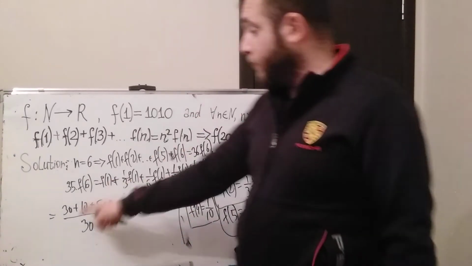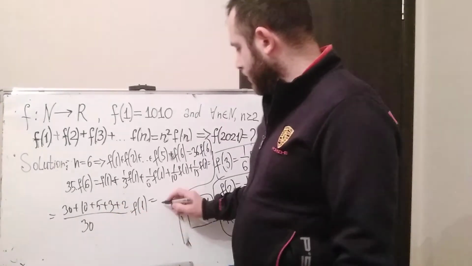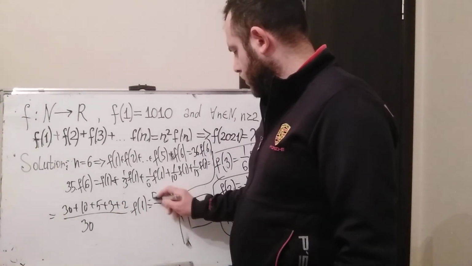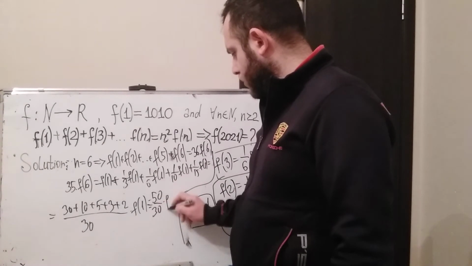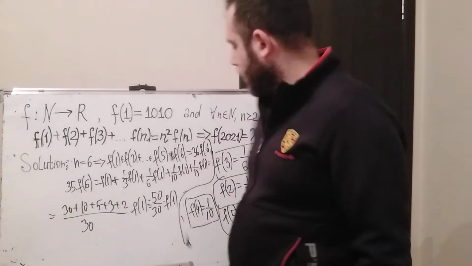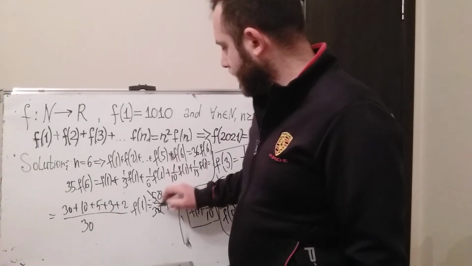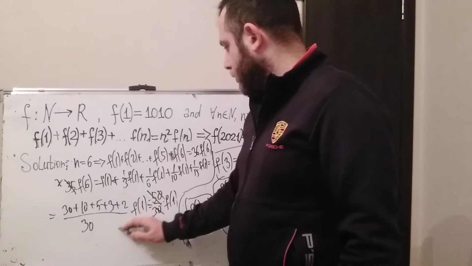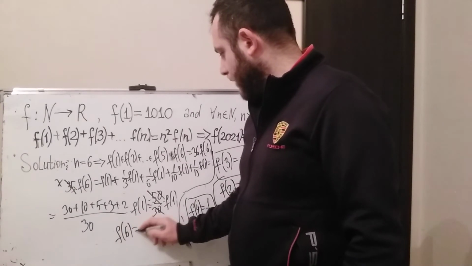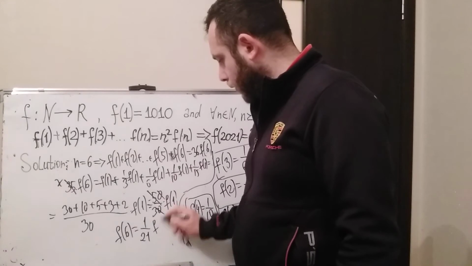So it will be 40, 45, 5, 50. So we get 50 over 30 times f01. But don't forget that there is 35. If we simplify, it will be 5, 3, and by 5, 7 here. So we will see that f of 6 is 1 over 7, 3, 21 f01.